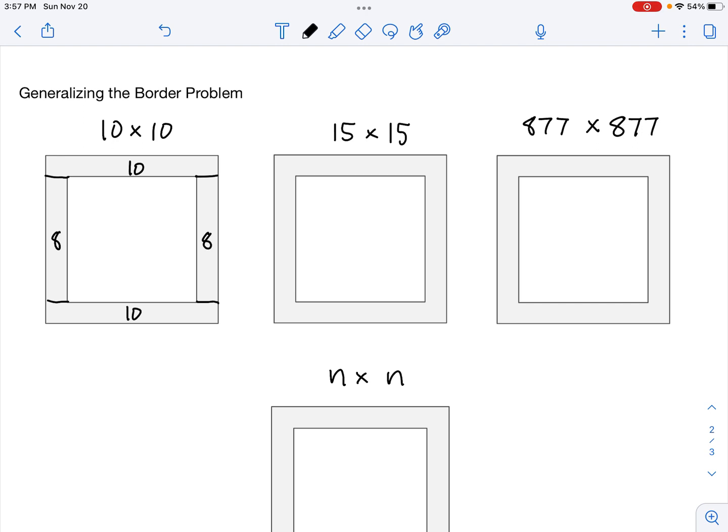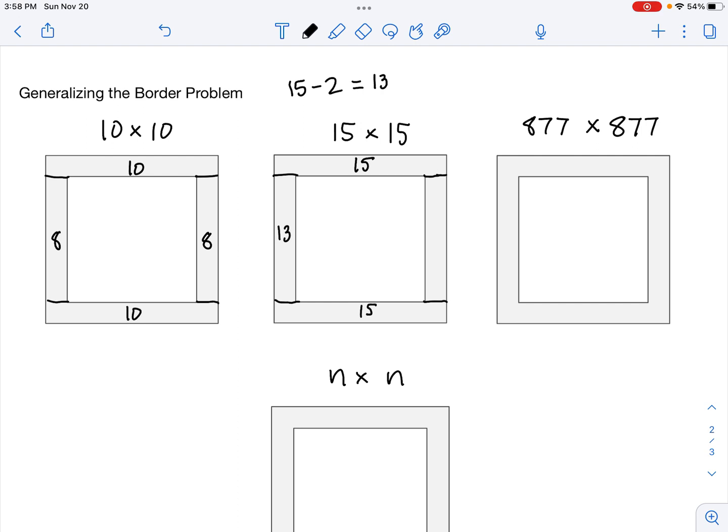Now let's think what that same method would look like for a 15 by 15 grid. Well, I would count 15 on the top, 15 on the bottom, and now this section would be 15, not counting these 2 corner pieces, because I already counted them when I figured out the 15 on the top and on the bottom. So if I'm not counting 2 corner pieces, I need to do 15 minus 2, which is 13.